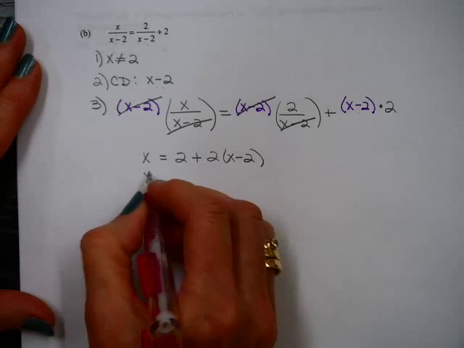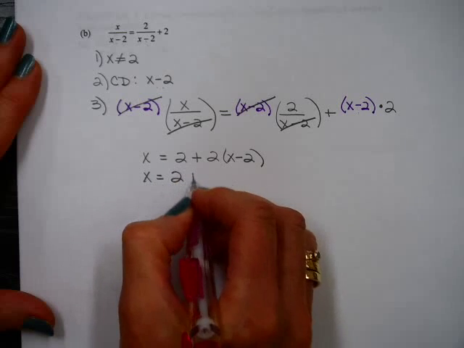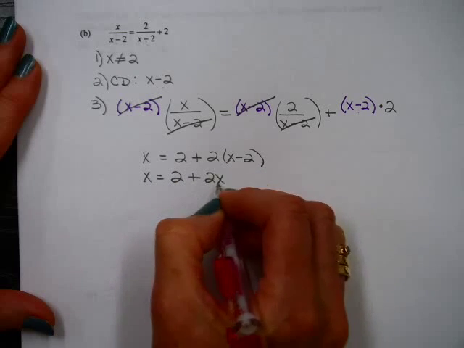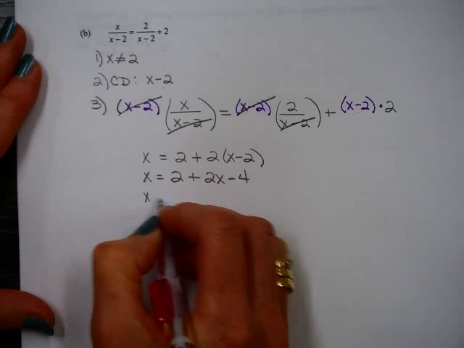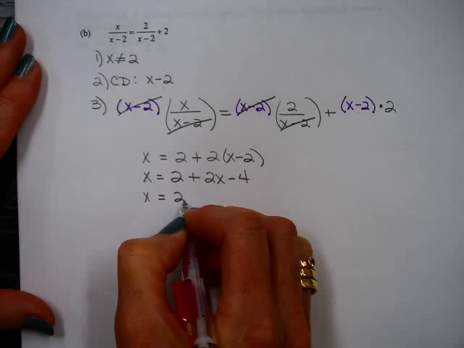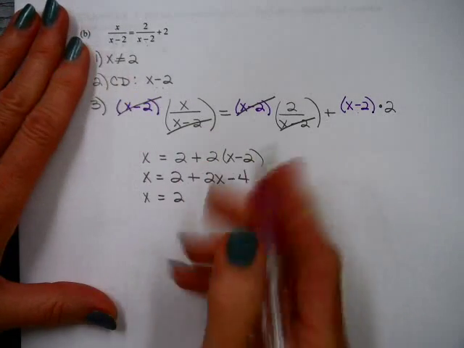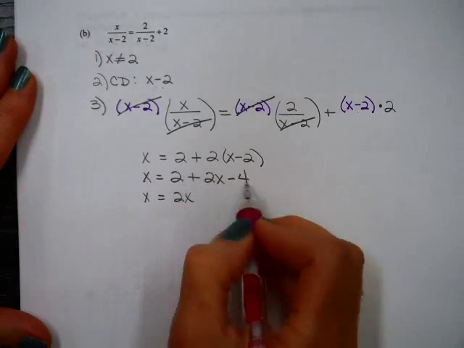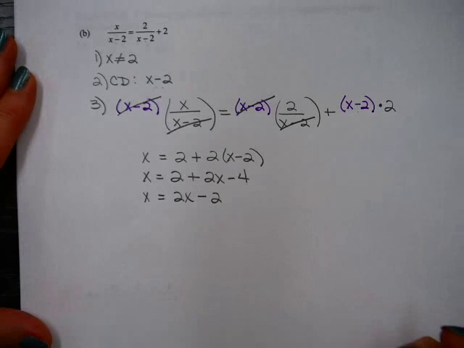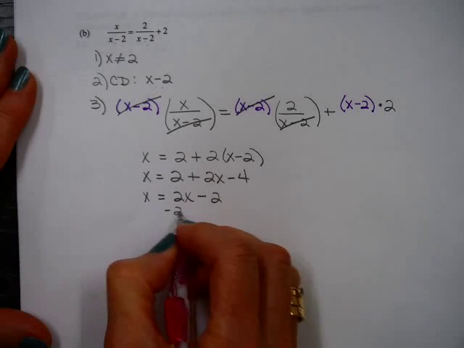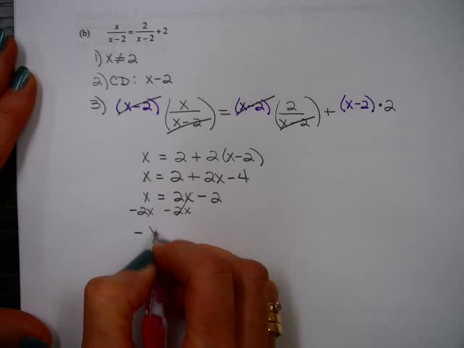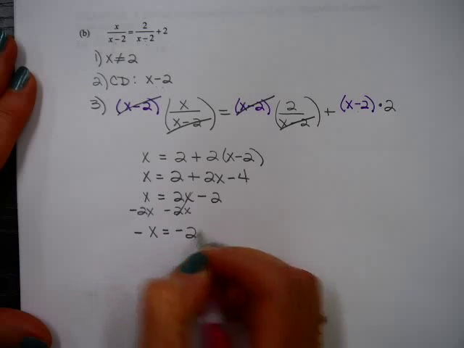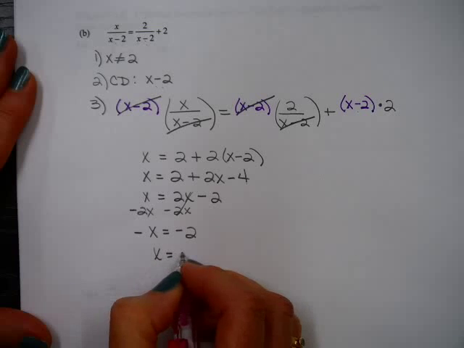Use your distributive property. 2 times x is 2x, 2 times negative 2 is negative 4. Add our like terms. 2 and a negative 4 is a minus 2. Let's subtract our 2x to the other side. So negative x is equal to negative 2, or x is equal to 2.